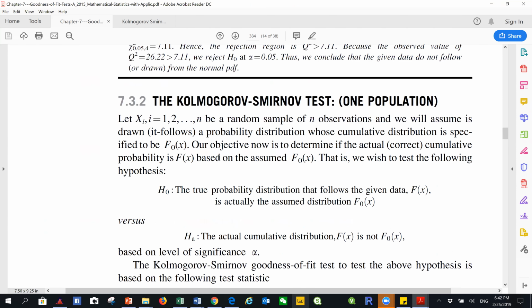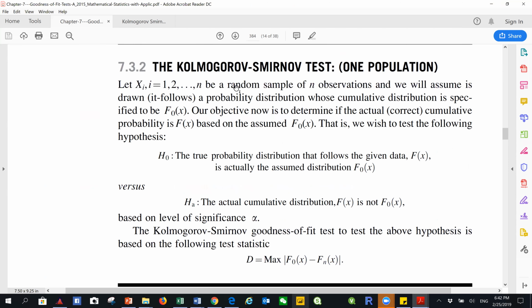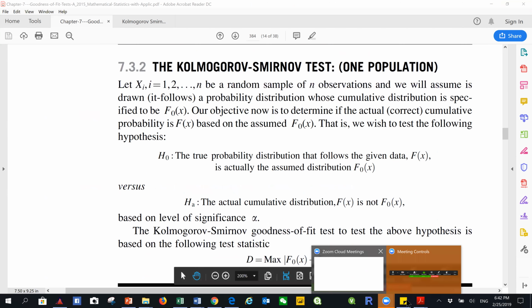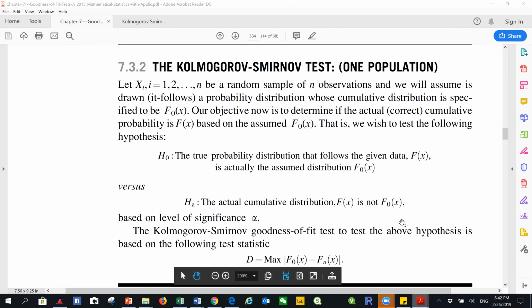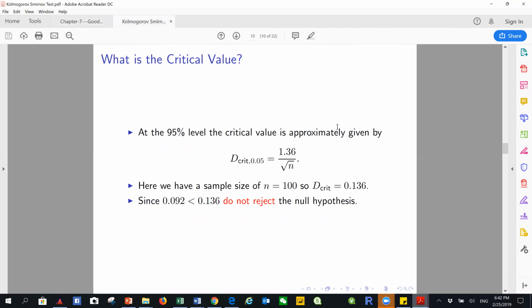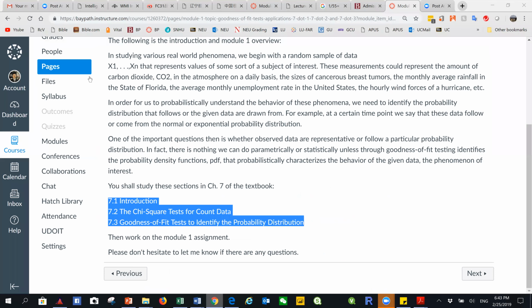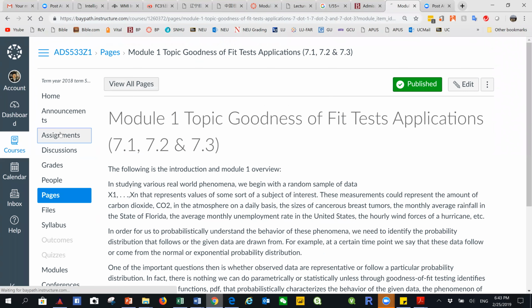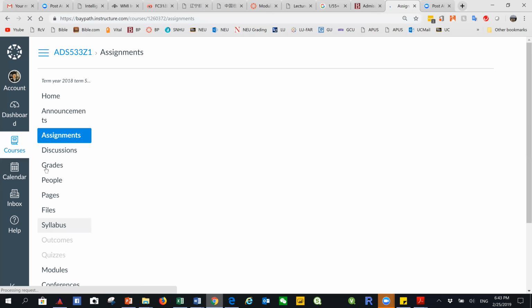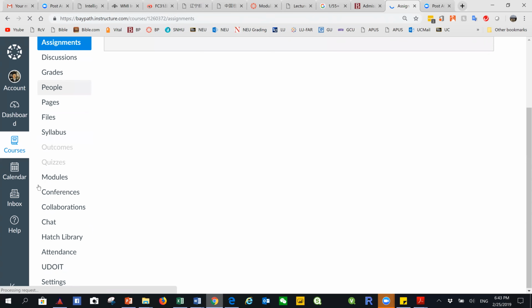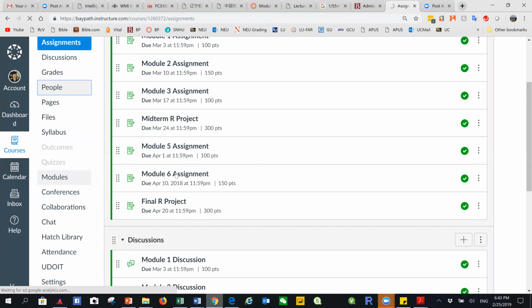Okay, now for the Kolmogorov test. For this one, I will just use this file, which you can download here in module 1. You can see it right here.